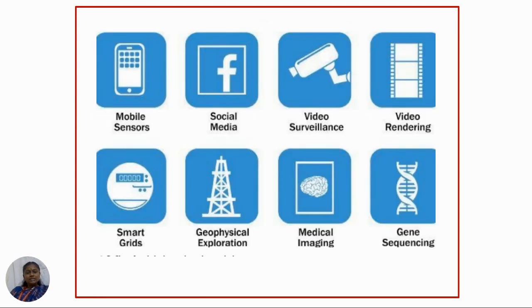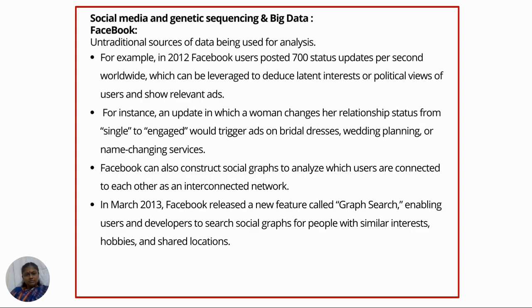See, these are some of the sectors of the big data domain: mobile sensors, social network, video surveillance, video rendering, gene sequencing, medical imaging, geophysical exploration, and smart grids. Social media and genetic sequence.